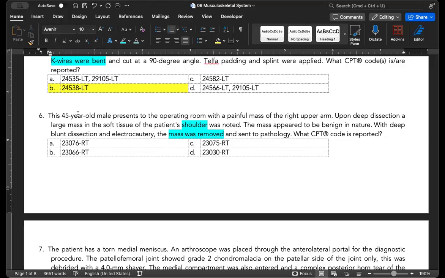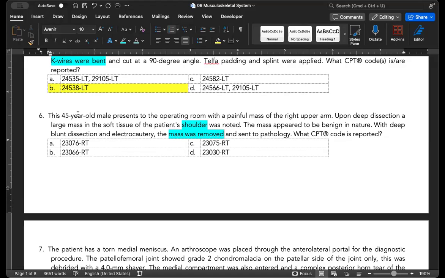So again, those codes are going to be broken into two different families, basically. The first family, 23075, is going to be for excision, tumor of the soft tissue of the shoulder area, subcutaneous.